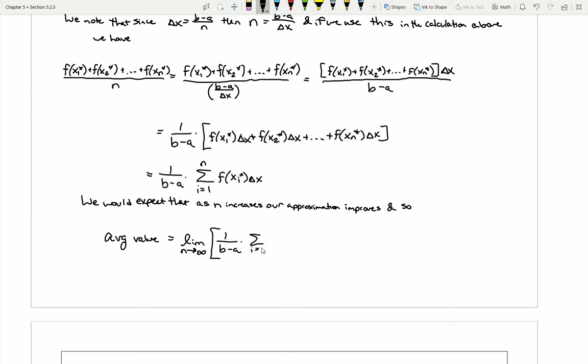So I would just say, how about instead of using just n intervals, I go ahead and I actually let that number of intervals go off to infinity.